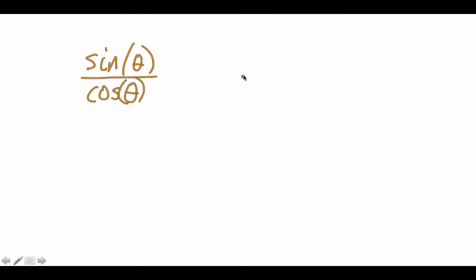If we take the sine of an angle and divide by the cosine of that angle, that's really what we're looking at. So if I take the sine of theta and I divide by the cosine of theta, going back to old school geometry, that would be the opposite leg over the hypotenuse divided by the adjacent leg over the hypotenuse.